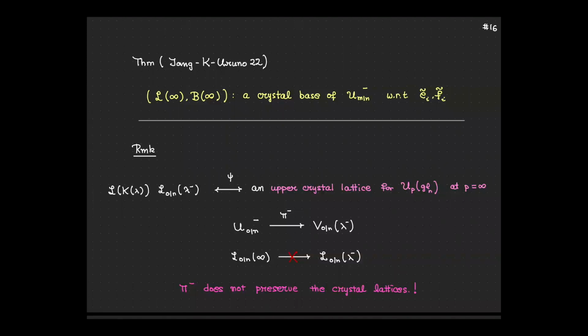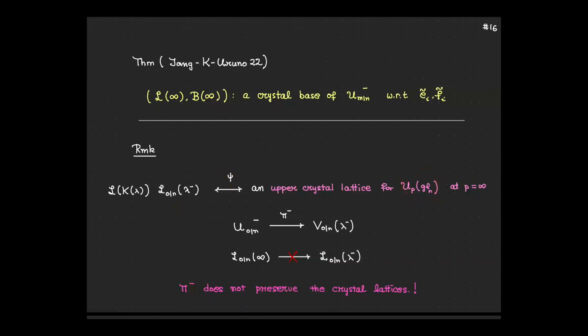So the crystal lattice L of K lambda, especially L0N lambda minus, is the upper crystal lattice as a module of U0N, or under the isomorphism psi, it is the upper crystal lattice for the UPGLN at P equals infinity.